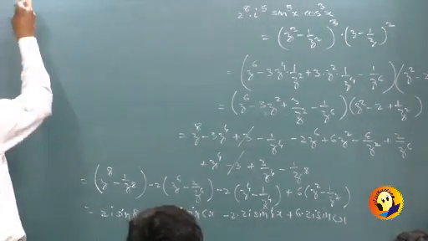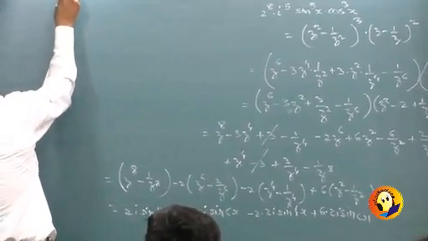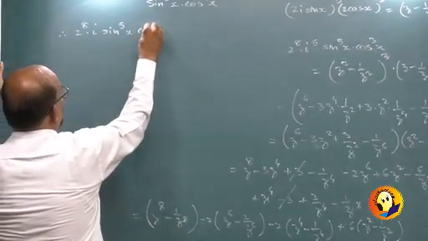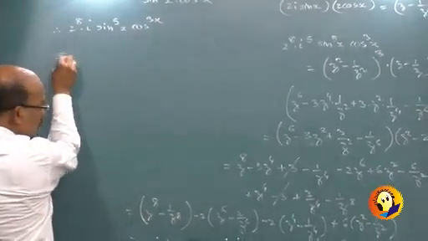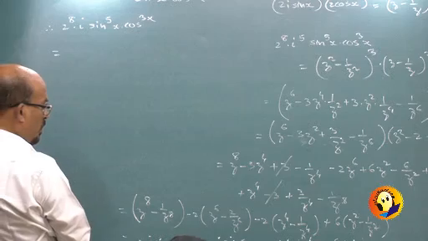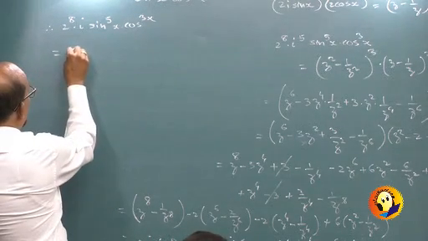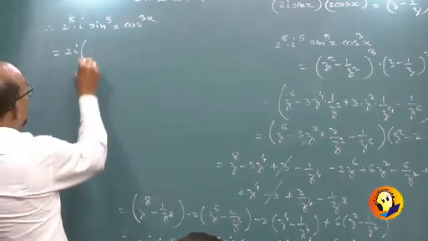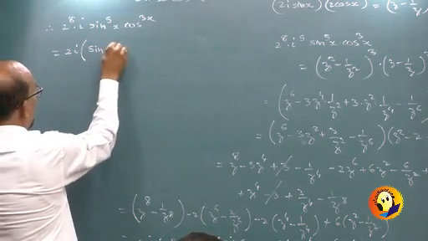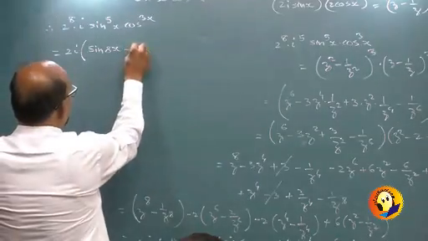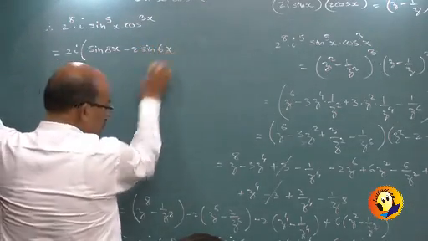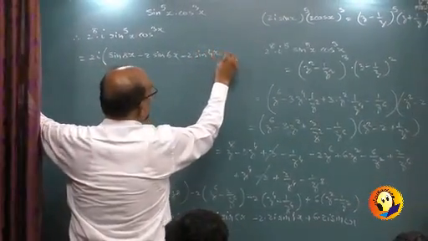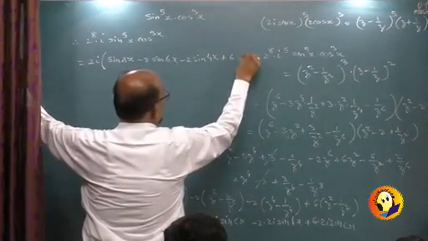And therefore I have 2 raised to 8 i sin raised to 5x into cos cube x, as 2i can be taken common. It will be sin 8x minus 2 sin 6x minus 2 sin 4x plus 6 sin 2x.